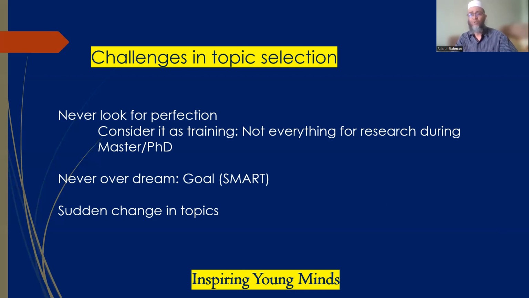If it is your PhD work, your dream should be within that boundary. Don't make your dream for 10 years, 20 years. Yes, that is okay, but that must be achievable. That is what I call never over dream. Dream is okay, but among that dream, what is possible? You put your boundary. I want to do this during these 10 months. I want to do this during these 3 years. I want to do this for my whole life.